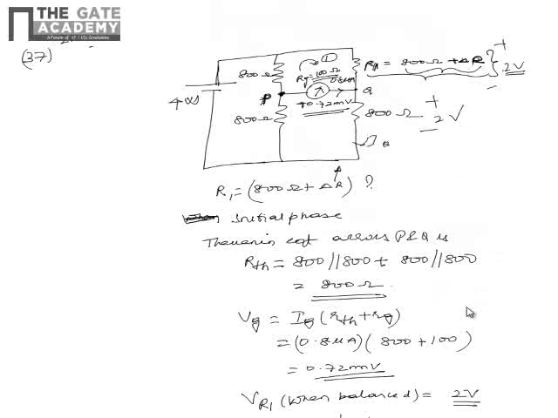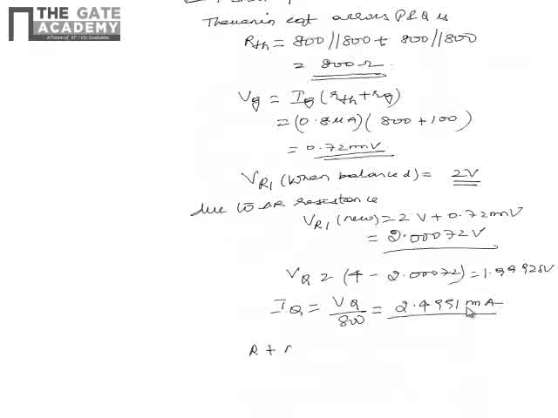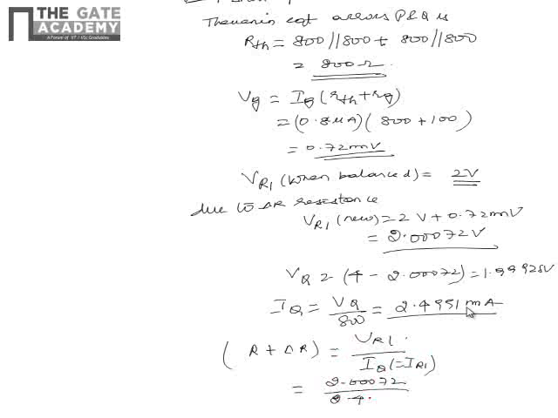Now we know IR1 and we know VR1. So R plus delta R, the new resistance, is VR1 by IR1. Substituting 2.00072 divided by 2.4991 milliamperes, we get 800.576 ohms.